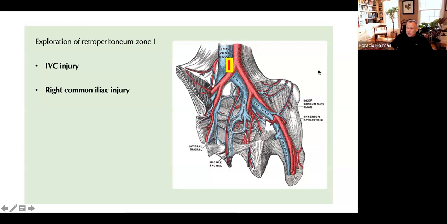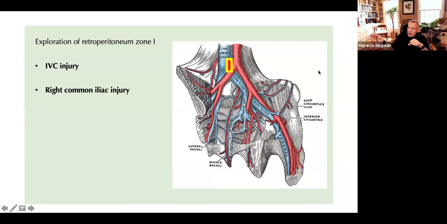What I personally found useful in those cases is just plain simple digital pressure. Put your fingers on top of the IVC or the iliac and press on each side of the injury, and that will usually be enough to control the bleeding and allow you to repair, except that you are losing control of one hand. You have to get somebody else to do the pressure there rather than moving the clamps.